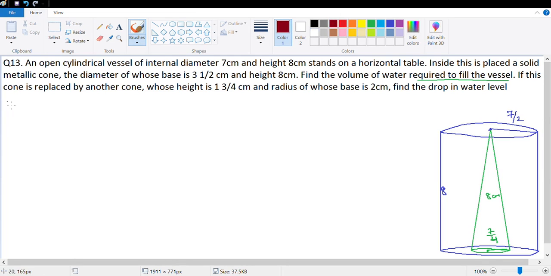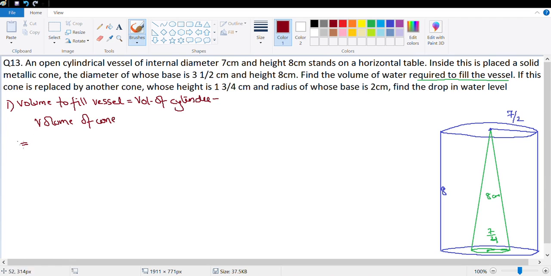So volume to fill vessel would be equal to volume of cylinder minus volume of cone. Let's substitute values. Volume of cylinder is pi r square h.